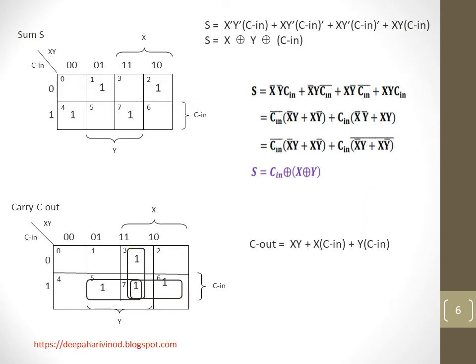Now, with reference to the truth table, we have to draw the K-map. Here we can see that this is the K-map for sum and this is the K-map for carry out.